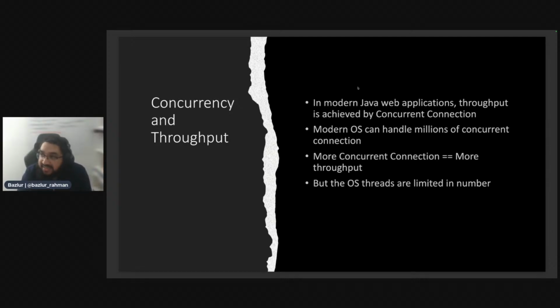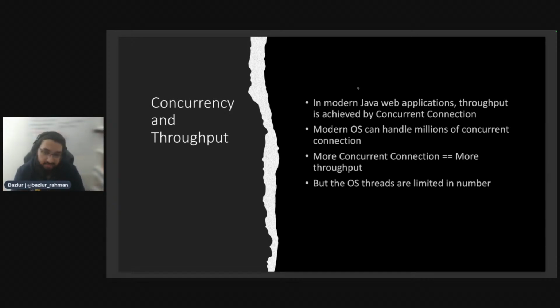Now, if we use that model in our server-side programming, that means if we have more threads, we can serve more users. That means our throughput is high, right? And our operating system, in fact, can handle a lot of connections. From that discussion, we can conclude that to have more connections, we need more threads in that model.